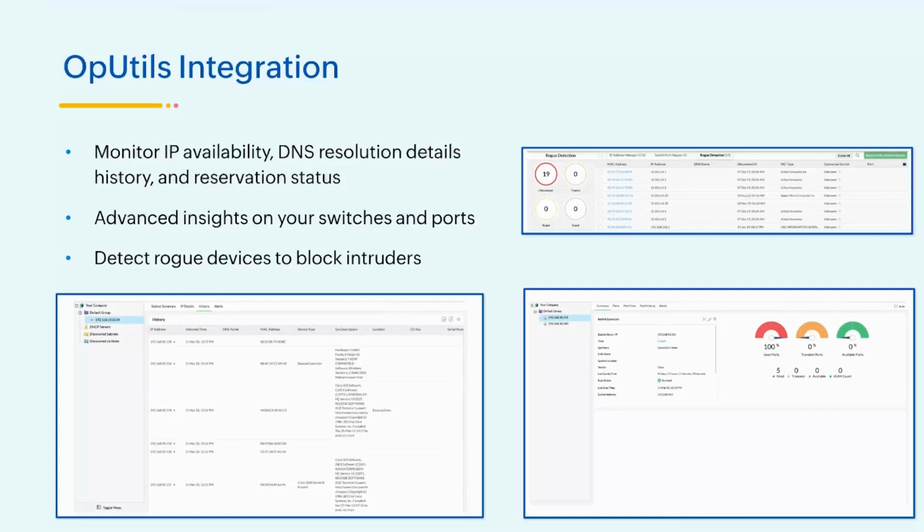This is an IP address and switchport management software. OpUtils is now available as an add-on in NetFlow Analyzer, as we discussed earlier. Enabling the IPAM SPM add-on aids you by providing in-depth insights into network ports, information about connected devices, the ability to inspect IP addresses more precisely, and intuitive widgets that enable easier management.